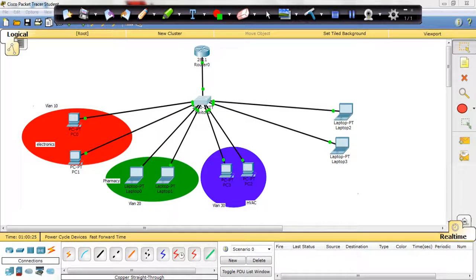Alright, here we have our electronics. As I said, we have three different departments of a department store. We have electronics, we have the pharmacy, and we have the heating and air conditioning system. And the reason I put this is because now, in this generation, the heating and air conditioning is remote.